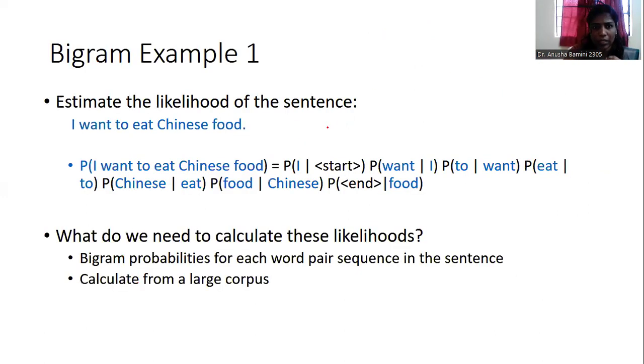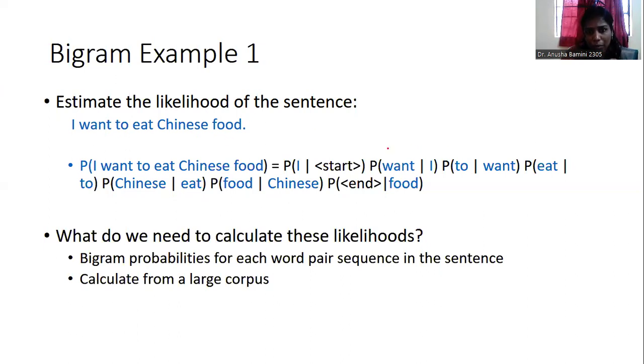We'll move to another problem. So two kinds of problems can be asked in this bigram model. One kind of problem is that statements like this would be given to you, for example, I want to eat Chinese food, and from that you have to calculate the probability of the next word.